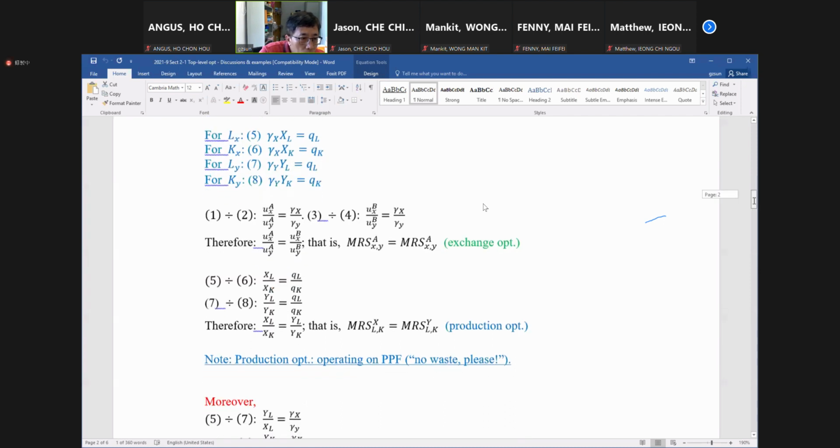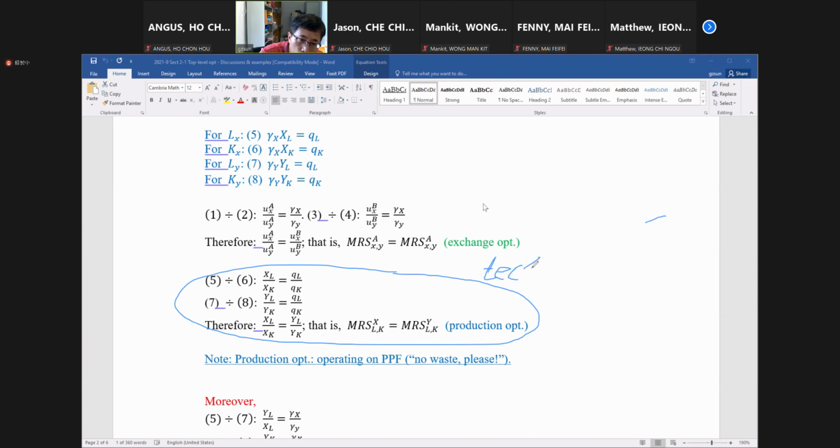So this part, let me write some simple English words to help you understand. This part is about production. It's technical stuff, nothing to do with economics. It's more about engineering and technology.